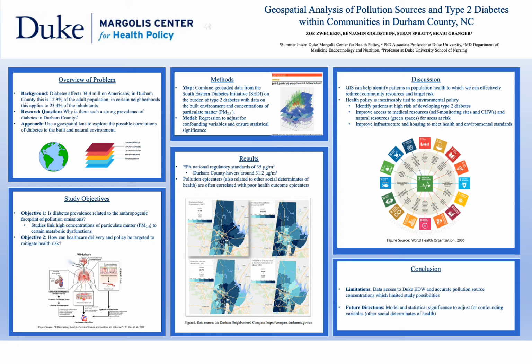So again, because we didn't actually end up conducting this study, these results are what we would expect to see, based on some of the research that I've conducted. So the EPA sets a national regulatory standard of 35 micrograms per cubic meter, and Durham County hovers just a little bit lower than this.